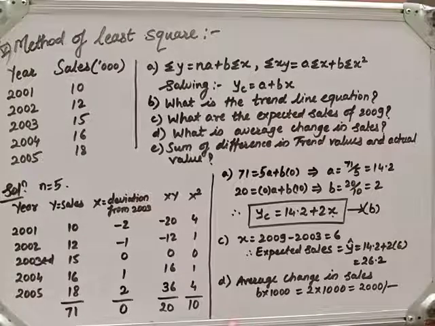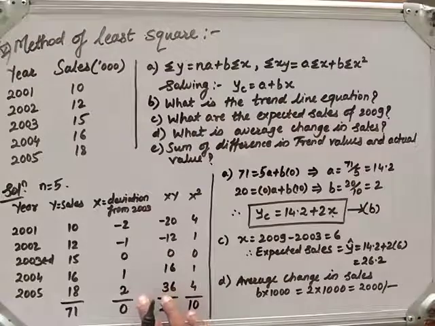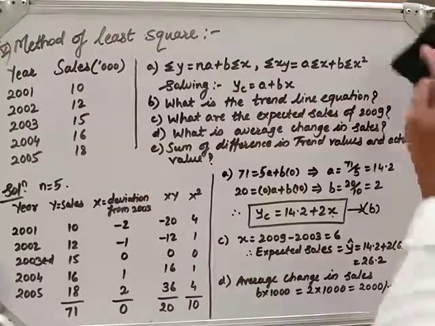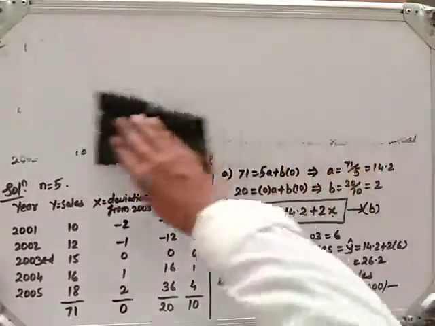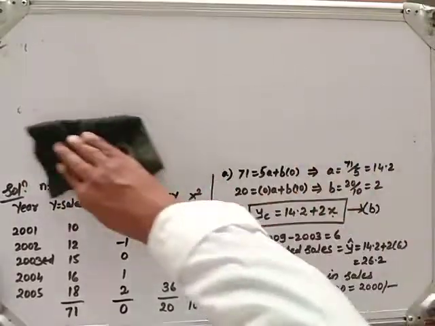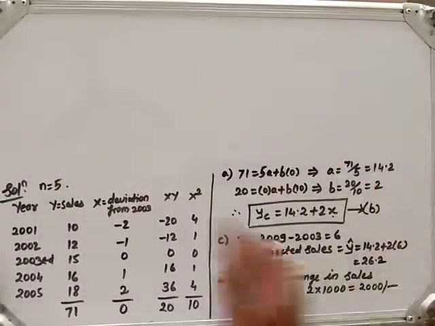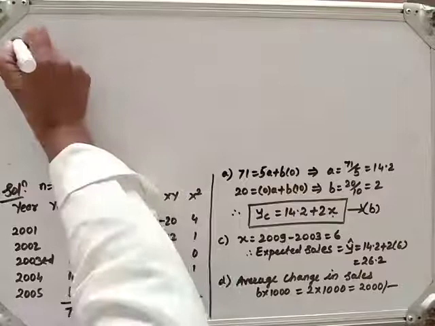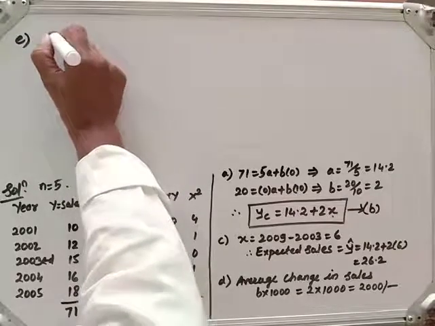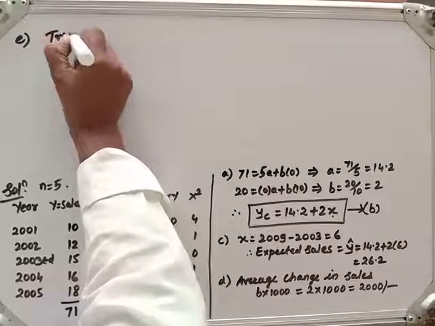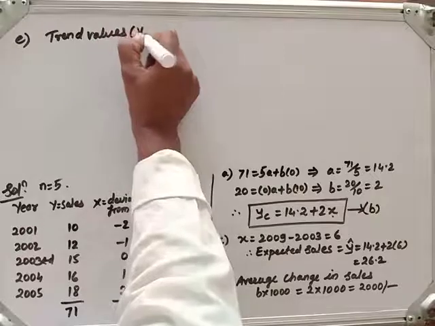So for that, all the trend values for all these x we need to determine. So let's do that part. Here this is E. Here first of all we will determine trend values, that is Yc.